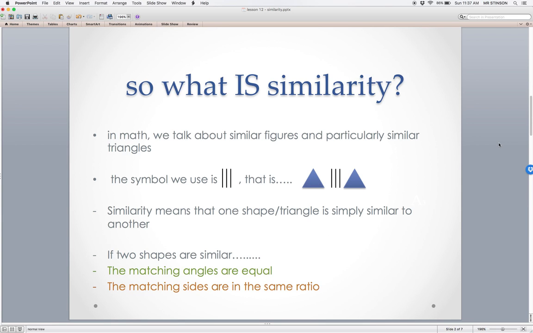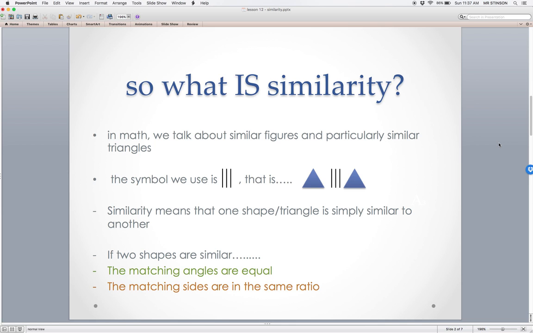So what is similarity? Well, in maths we talk about similar figures, and particularly similar triangles. The symbol that we use is like the congruency sign, but instead it's three vertical lines. To show similarity between two shapes, we would say, for example, that this triangle is similar to the other triangle, using that symbol in between.